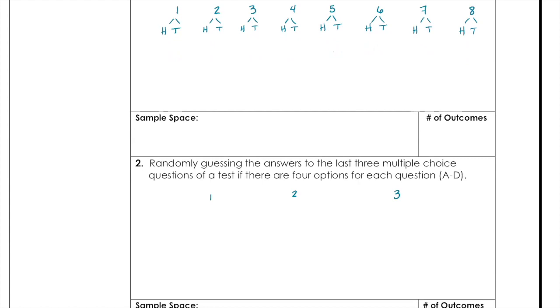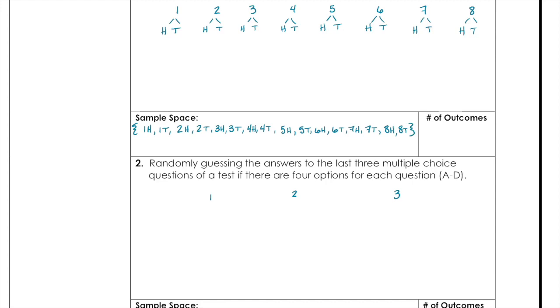So we can get a 1 heads, 1 tails, 2 heads, 2 tails, 3 heads, 3 tails, 4 heads, 4 tails, 5 heads, 5 tails, 6 heads, 6 tails, 7 heads, 7 tails, 8 heads, 8 tails.